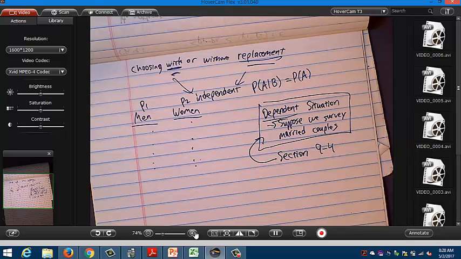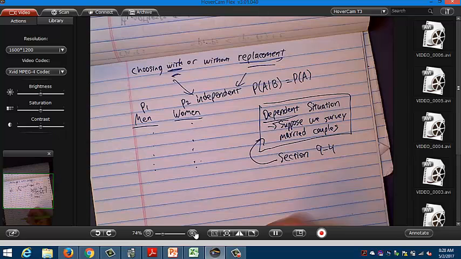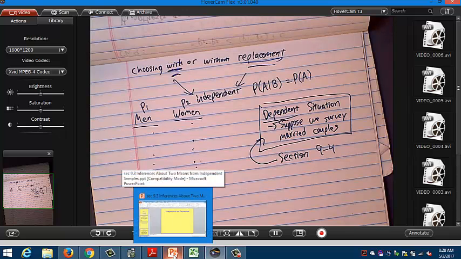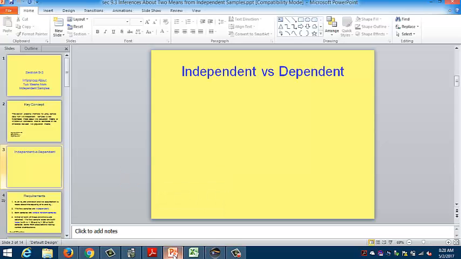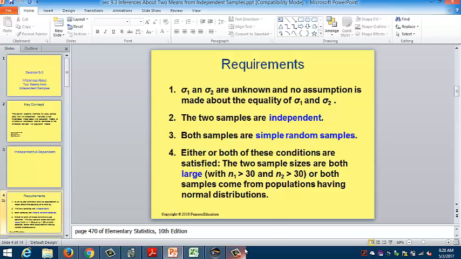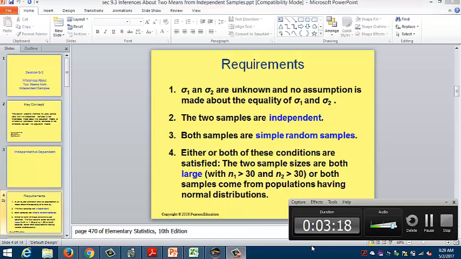But today, we really want the two populations to be independent. Otherwise, these formulas don't work. Matter of fact, I'm going to give you a list of requirements that we need, and you can take a look at them and pause, and if you have any questions about them, I'll take the questions. Here are the requirements we need for all of today's section.